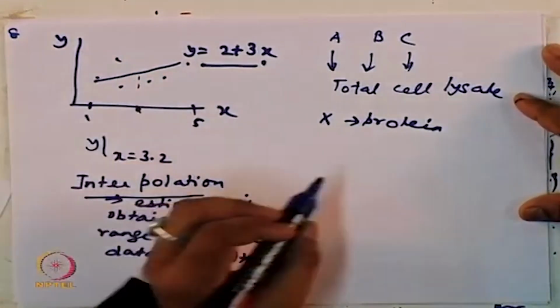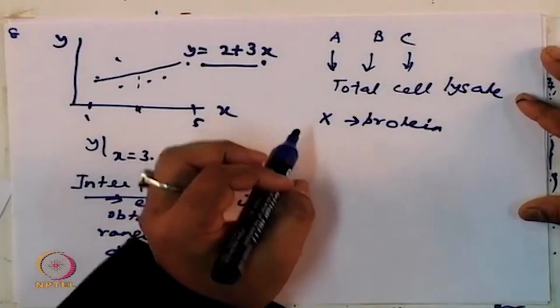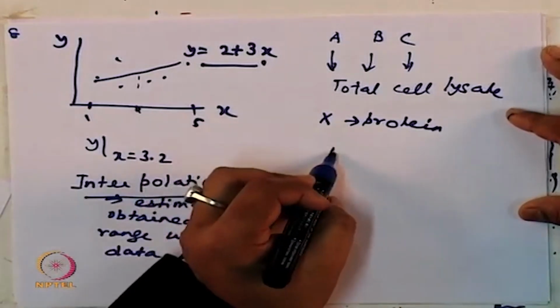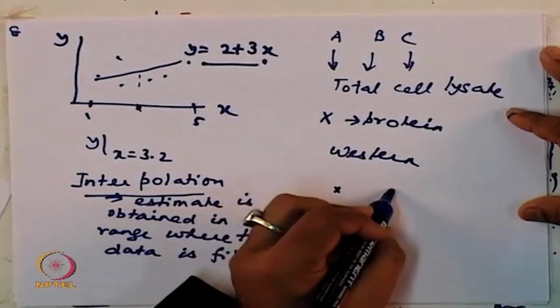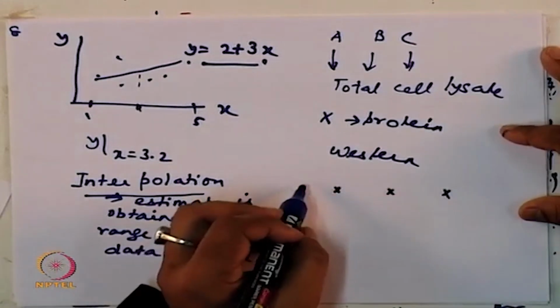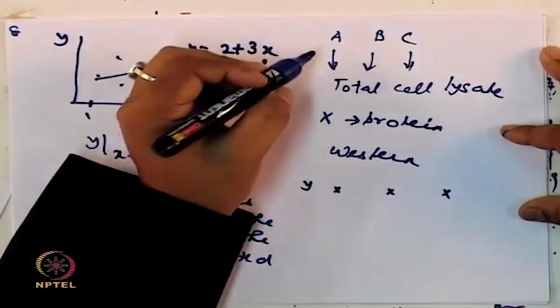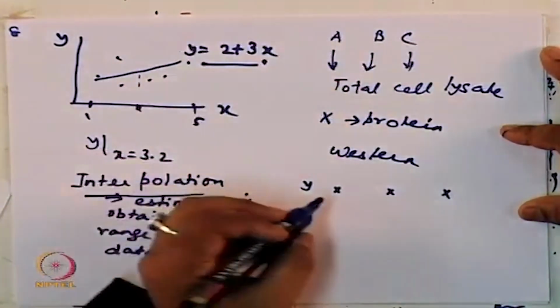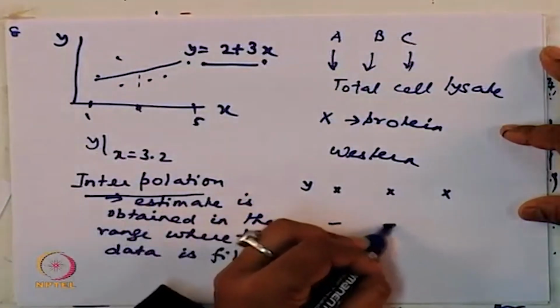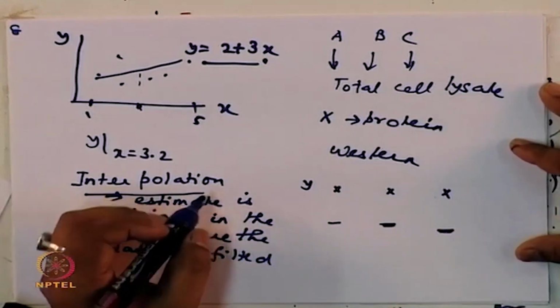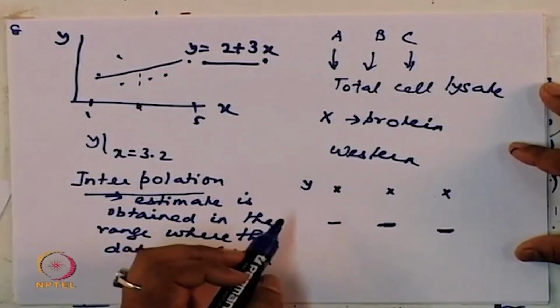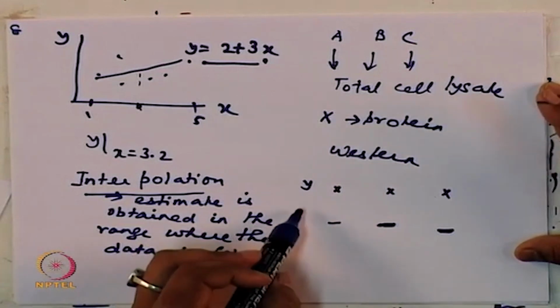So, as a first step, if I want to run a western, I want to load total protein Y, let us say, of each sample A, B, C, and then get some bands in electrophoresis using PAGE, and develop these bands and ask how the expression profile varies.